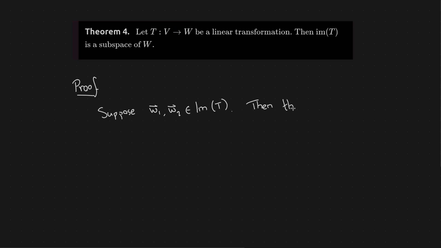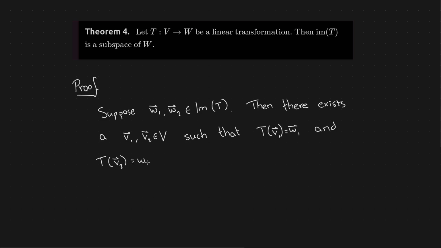So then there exists a V1 and V2 in the domain V such that the transformation on V1 is equal to vector W1 and the transformation on vector V2 is equal to vector W2. That's just by definition what it means to be in the image. Okay, I can get to those vectors by applying the transformation to something within the domain.